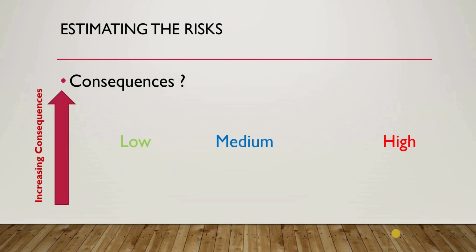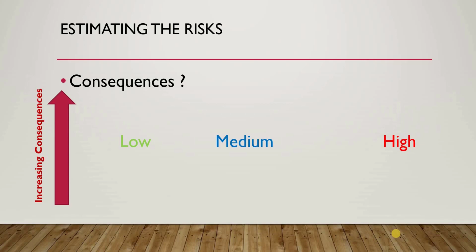Now, if something has a likelihood, it may also have consequences. For example, the consequences may be low, it might be medium, or it might be high. If the worker is working on the top of the ladder and he falls down, then of course the consequences will be high.